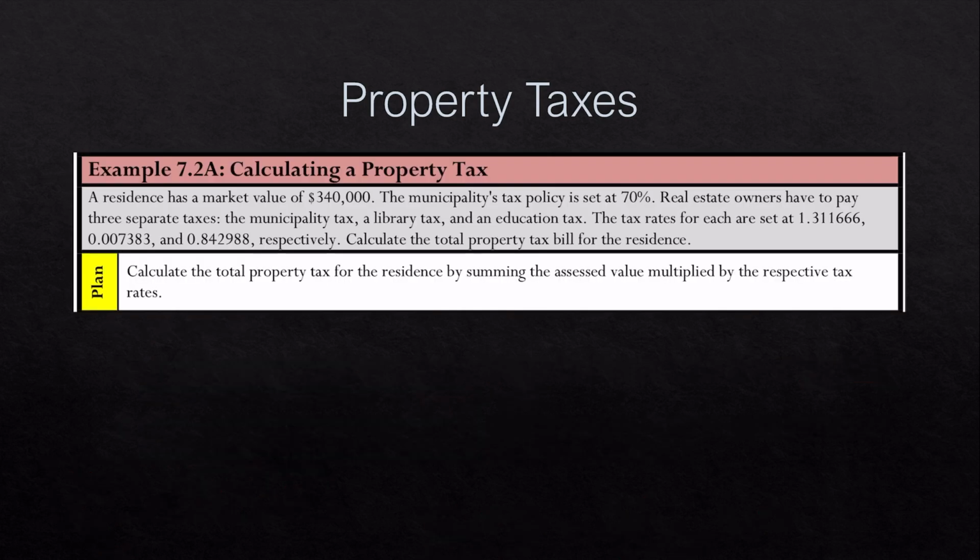Now, a residence has a market value of 340,000. The municipality tax policy is set at 70%. Real estate owners have to pay three separate taxes: the municipality tax, a library tax, and an education tax, and these are the rates that you can find. So first of all, we have to figure out what is 70% of this.